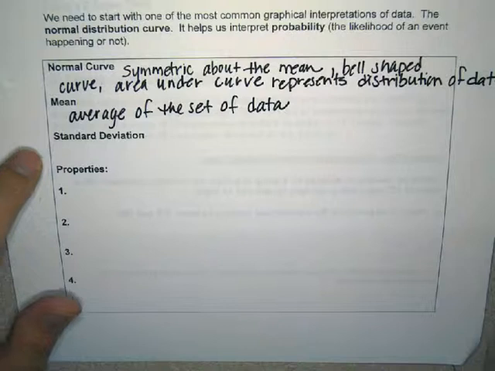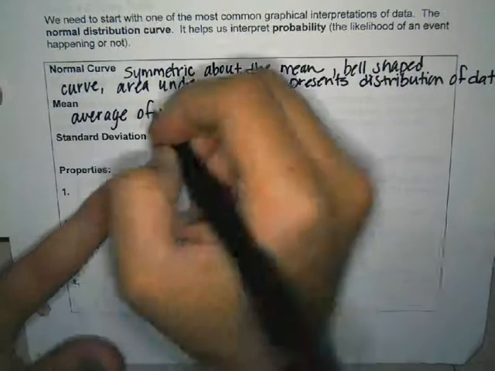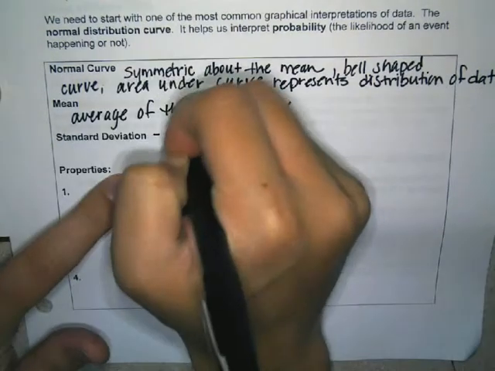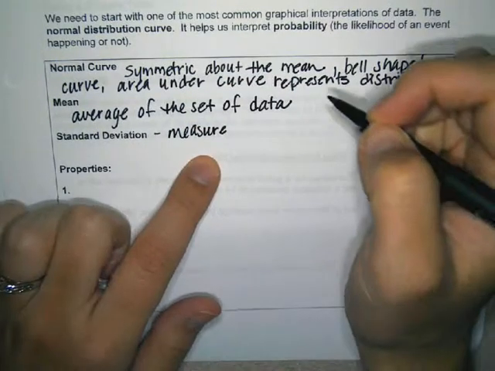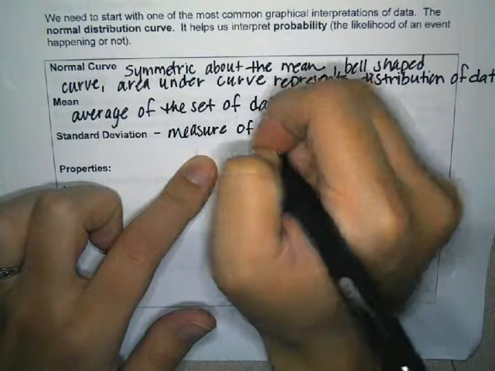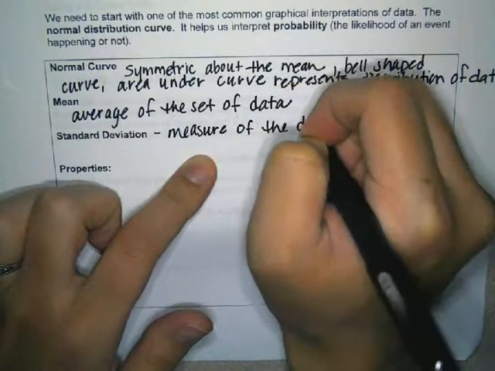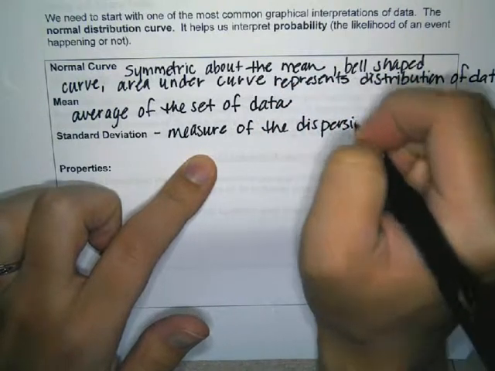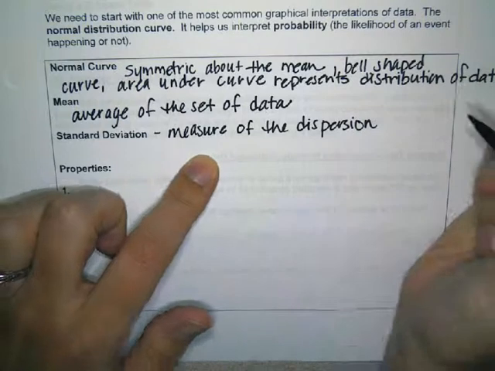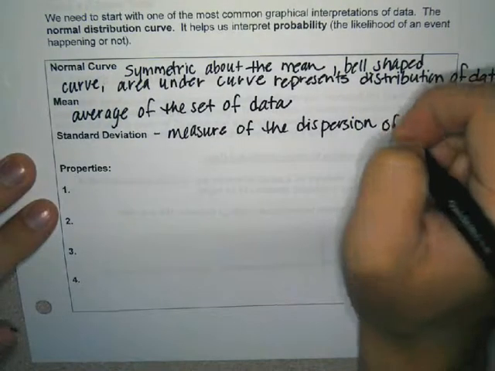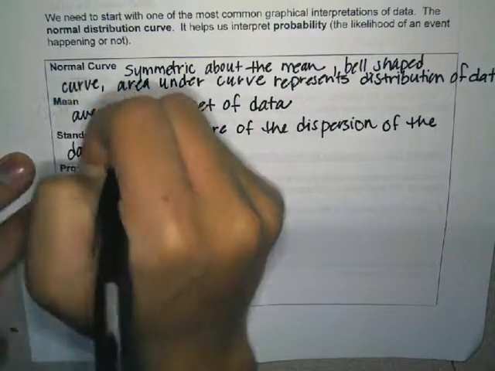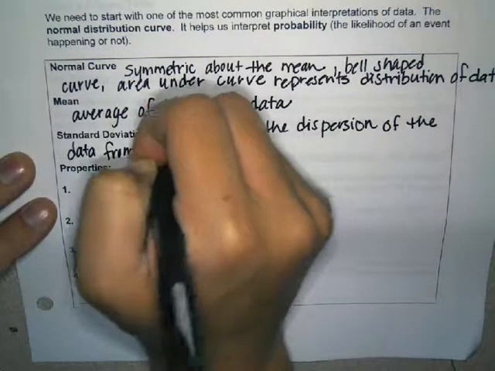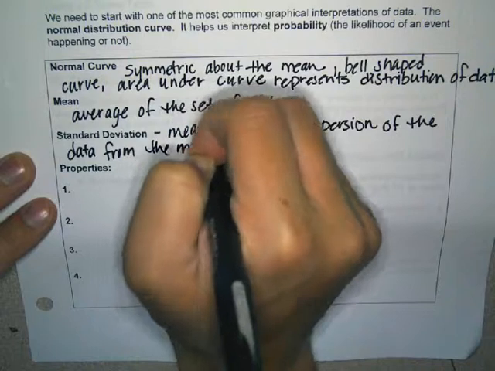And then standard deviation is the name given to a numerical measure. So it's a measure of the dispersion of the data from the mean.